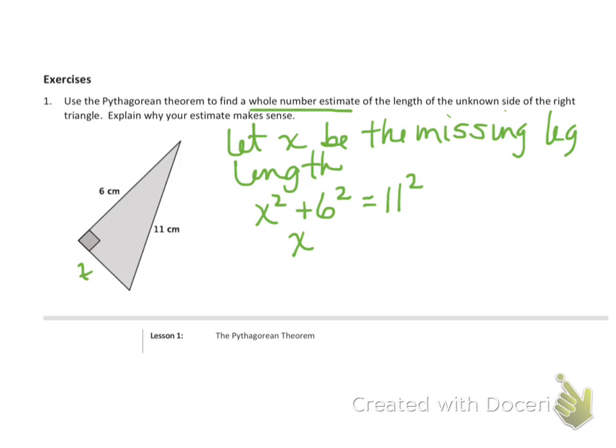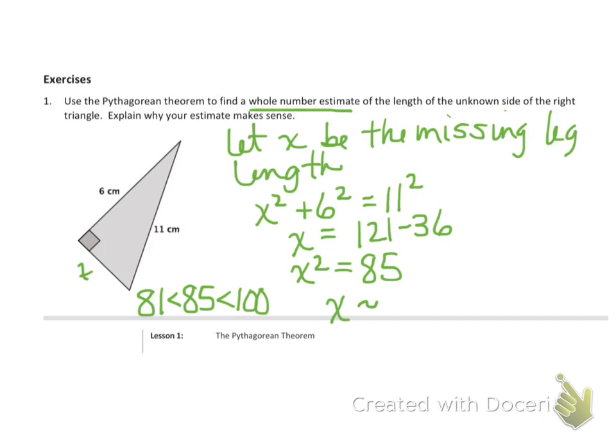So x squared is equal to 121 minus 36. So x is approximately 9 centimeters. 9 times 9 would be 81, so it's a little more than 9, but it's closer to 9 than to 10.